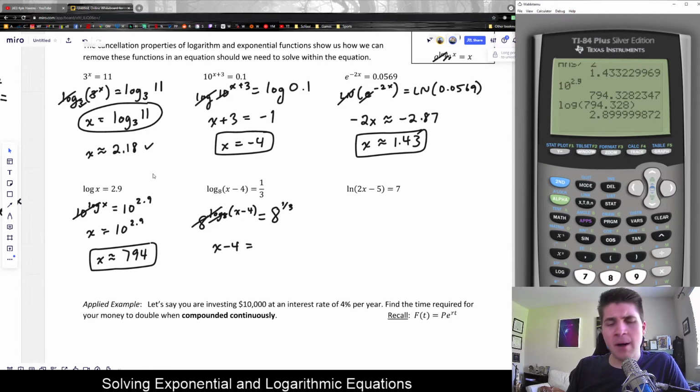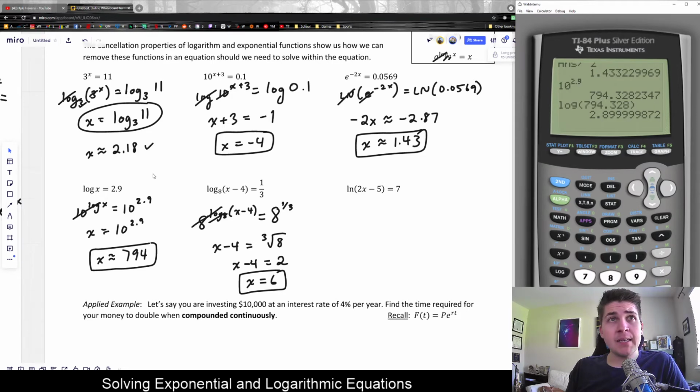Remember, the 1/3 power is equal to the cube root of 8, which is just 2. So x minus 4 is equal to 2, and I could add 4 to both sides to get 6.